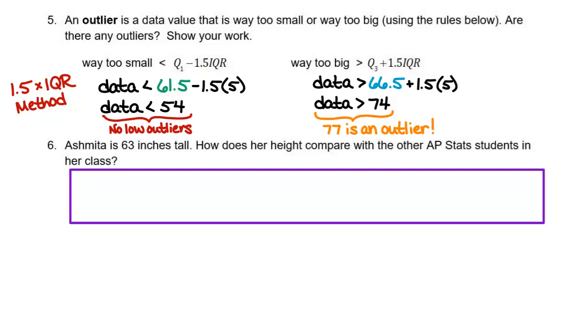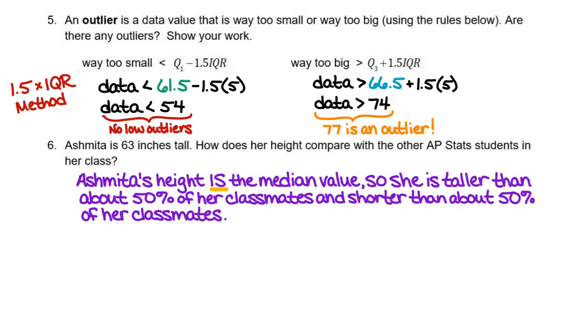She'd be right in the middle. So about how much of her class is shorter than her? Right around half, right? How many are taller than her? Half. Yep. She is the median value, so she's taller than about half the class, taller than about 50% of her classmates, and she's shorter than about 50% of her classmates.